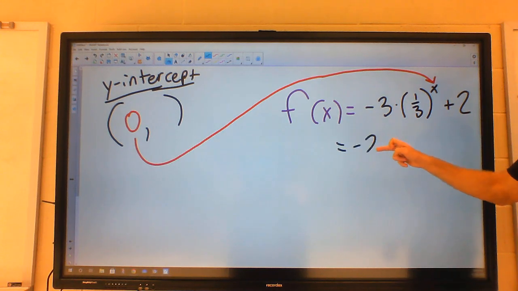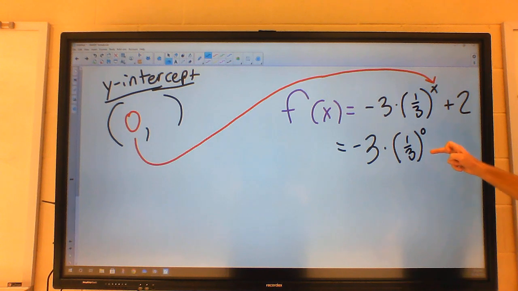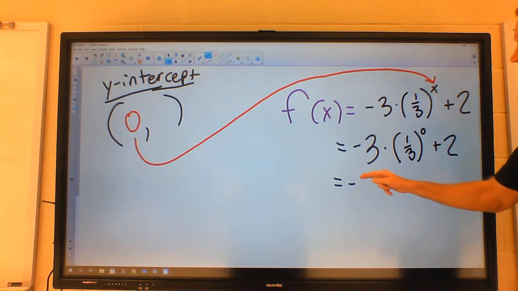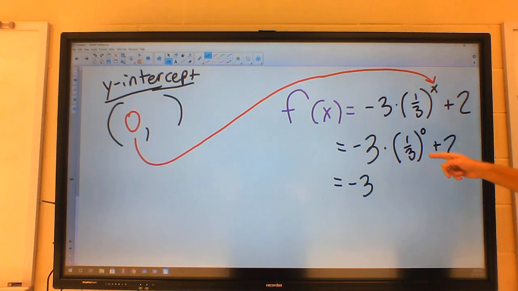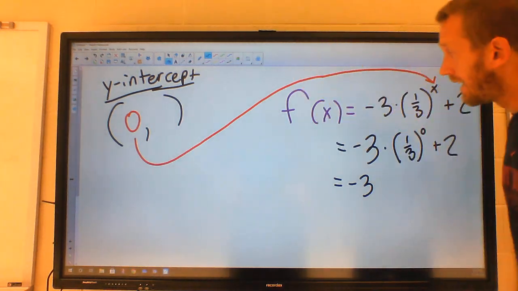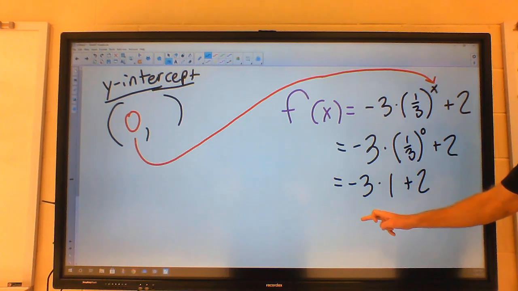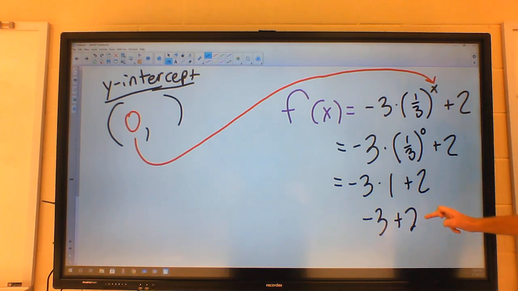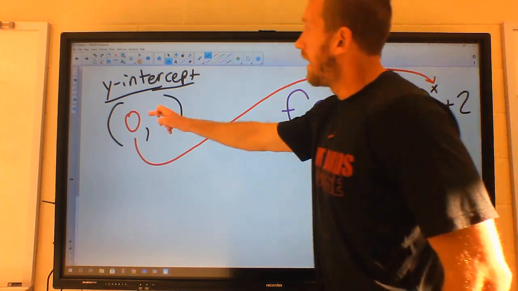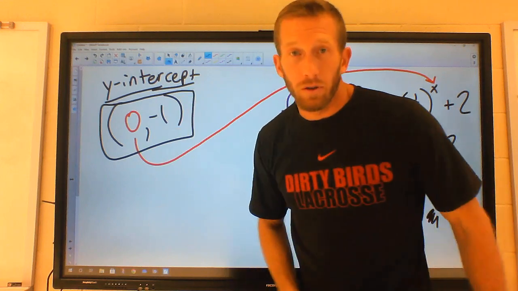So we've got negative 3 times 1/3 to the 0th power plus 2. Well, what's nice, I don't know, fractions are not fun, but what's nice about the 0th power? That just becomes 1. Okay? Negative 3 times 1 is negative 3. Negative 3 plus 2 is negative 1. And that's our y-intercept.